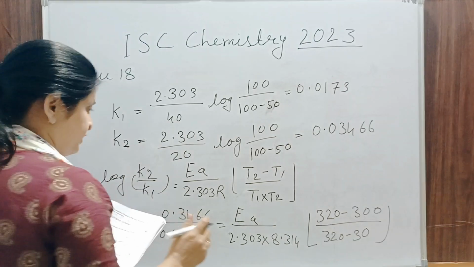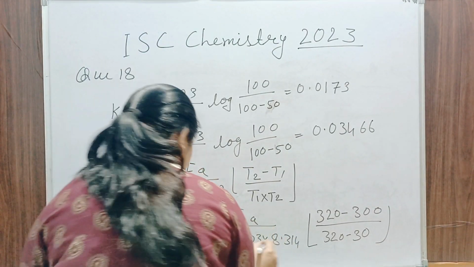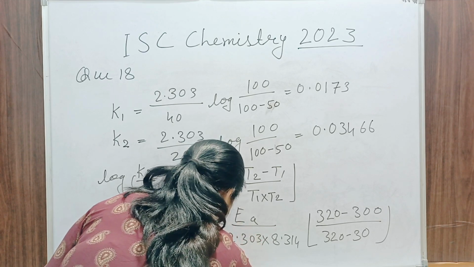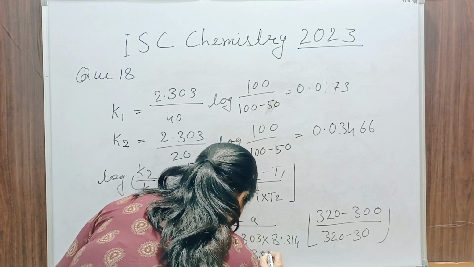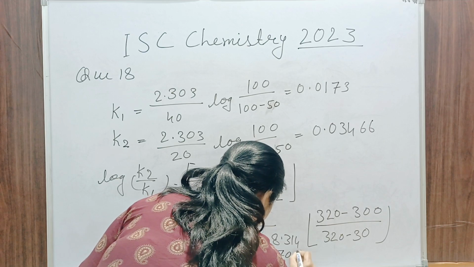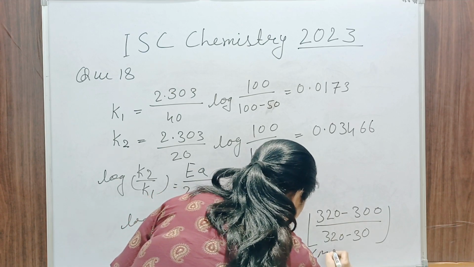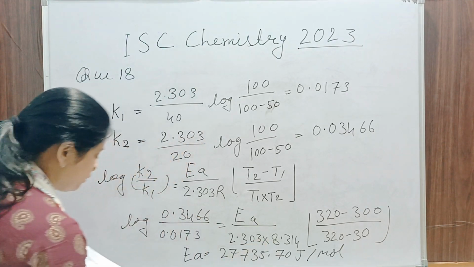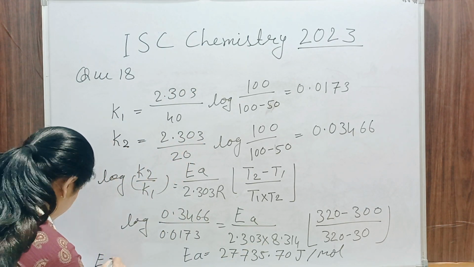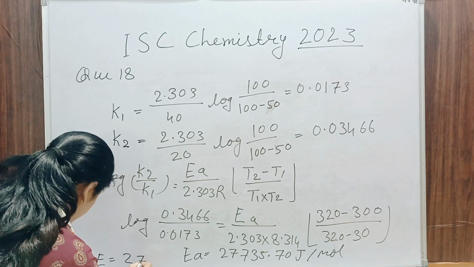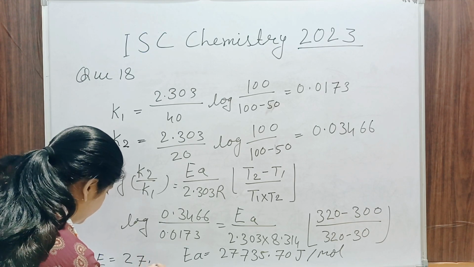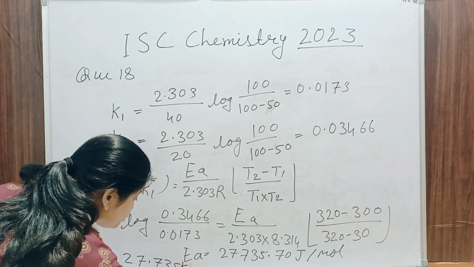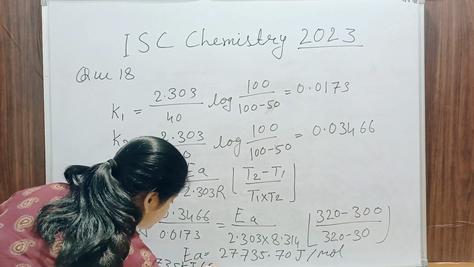When we calculate this, we get Ea as 27735.17 joule per mole. When we change into kilojoule, Ea is 27.735 kilojoule per mole.